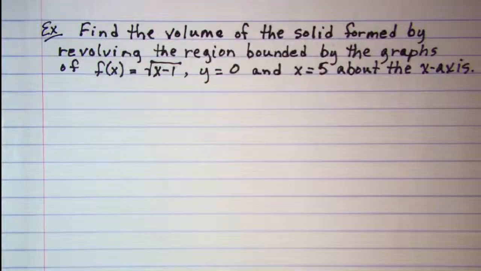The example that we'll be doing is to find the volume of the solid formed by revolving the region bounded by the graphs of f of x equals square root of x minus 1, y equals 0, and x equals 5 about the x-axis. So let's draw a sketch first.